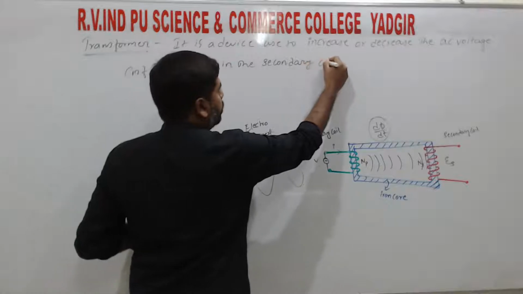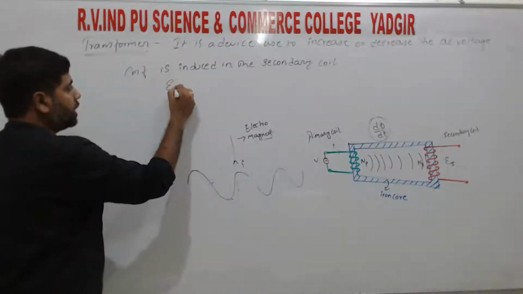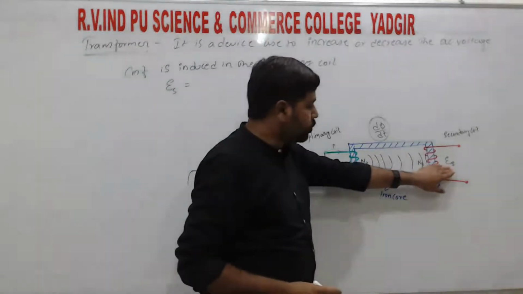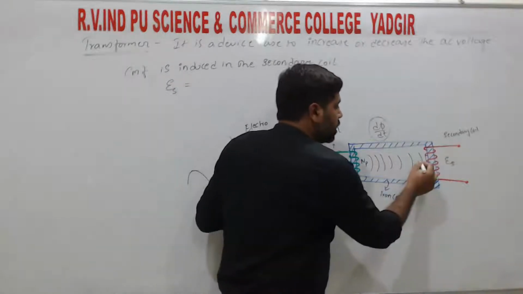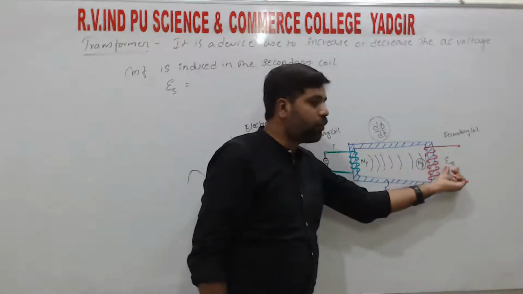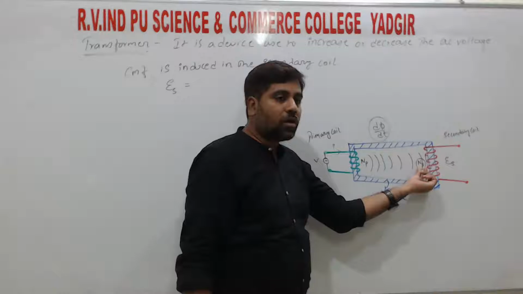So the EMF induced in the secondary coil, we take as ES. The EMF produced depends directly on the number of turns in the coil, right? How much EMF is produced depends on the number of turns in the coil.